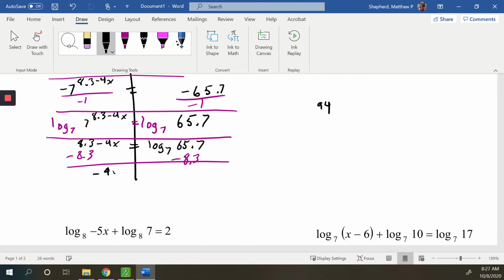We now have a negative 4x is equal to the log base 7 of 65.7 minus 8.3. Final step, let's divide both sides by a negative 4.